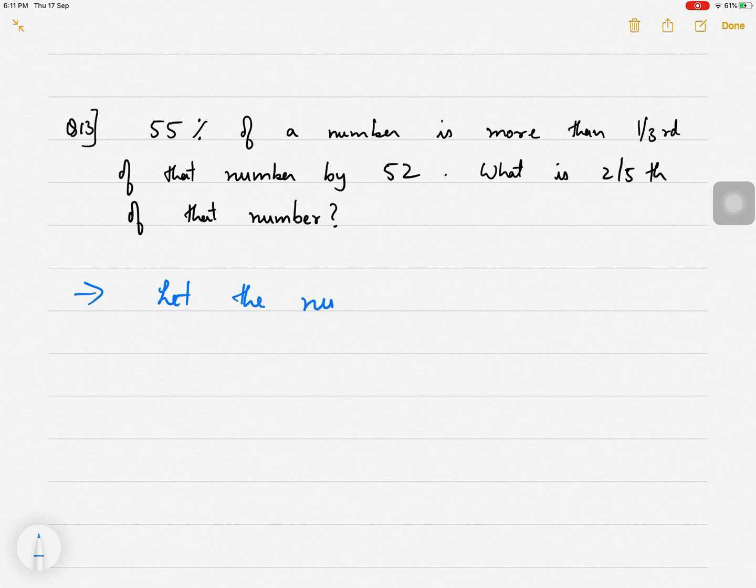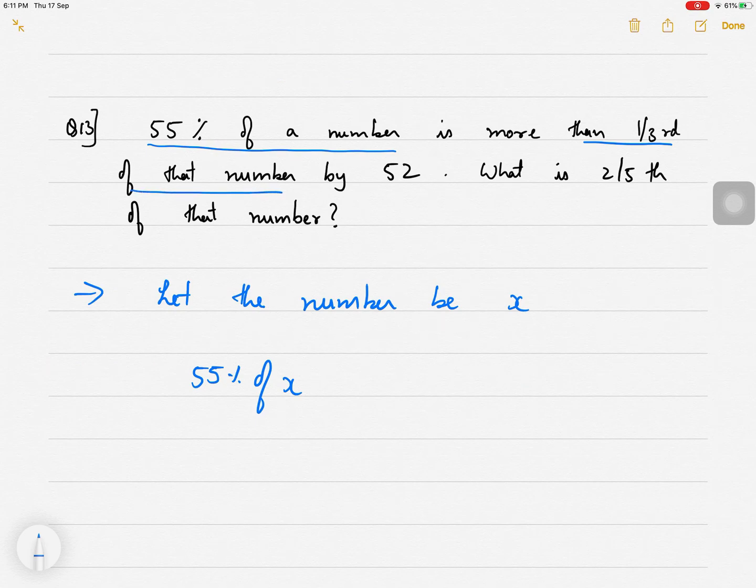Let the number be x. 55% of a number is more, so that means 55% of x is more than 1/3 of that number by 52.